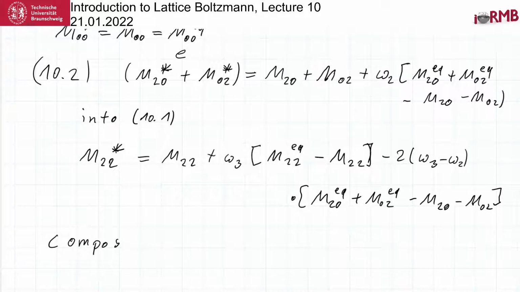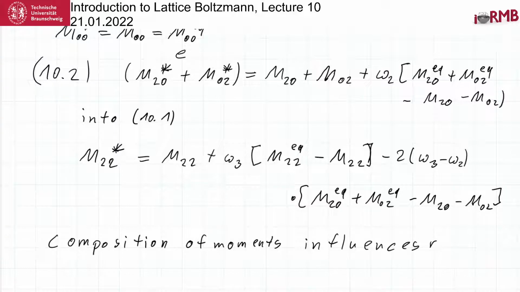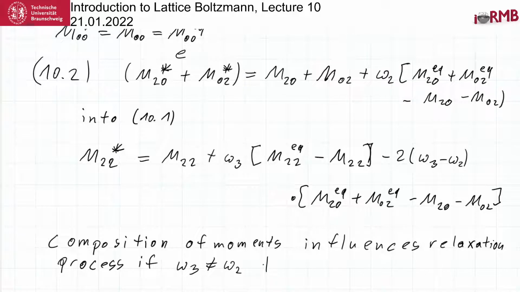So the composition of moments influences, in this case, where we have a mixture of non-conserved countable moments, the relaxation process if omega 3 is not equal to omega 2, which in BGK would be the case.